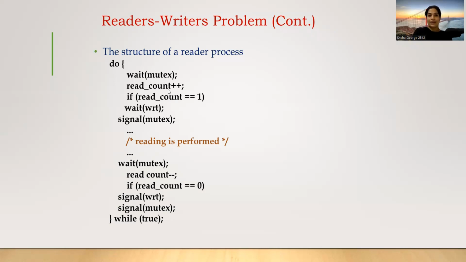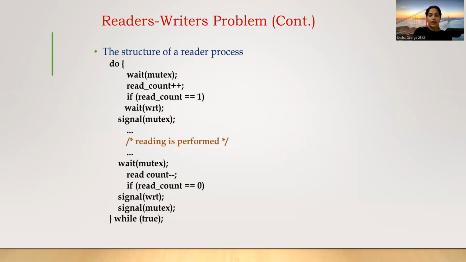Then it says read count plus plus. The read count value was initially 0. Now it is changed to 1. If read count is equal to 1, then you have to wait on write, so the write value becomes 0. Then you signal the mutex. In that case, your reading will be performed.